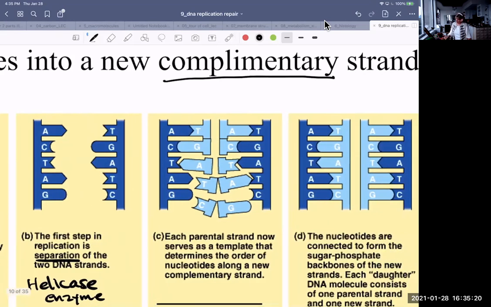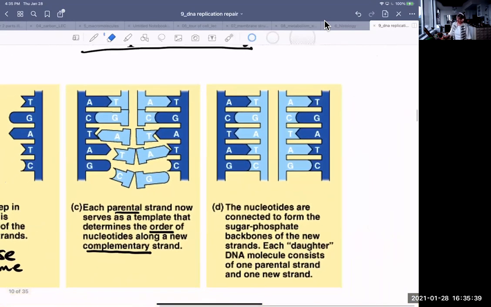And then each parent strand is now a template that determines the order of nucleotides in a new, what's known as a complementary strand. So the light blue here, those are the new strands. Eventually, then they're connected. The nucleotides are all connected.